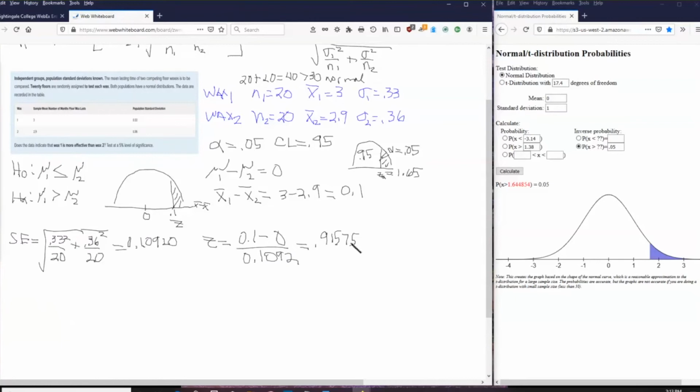So now I'm going to put this in my online calculator. Normal distribution, mean is 0, standard deviation of 1.